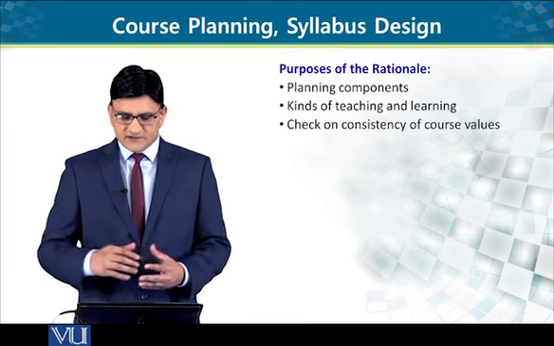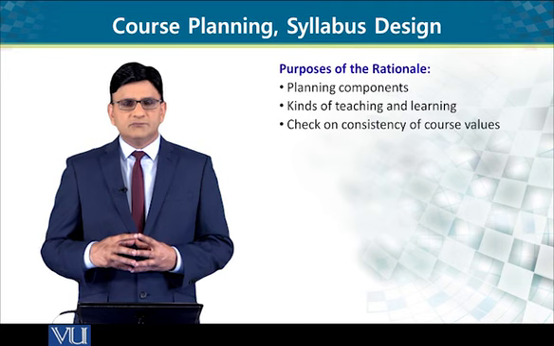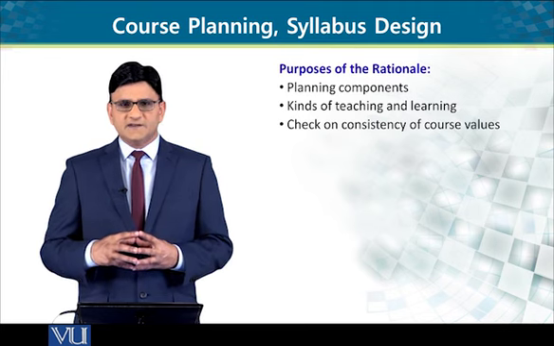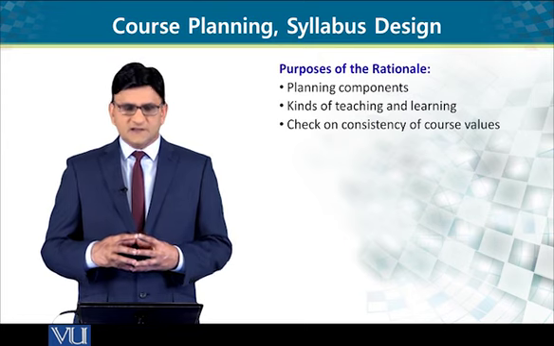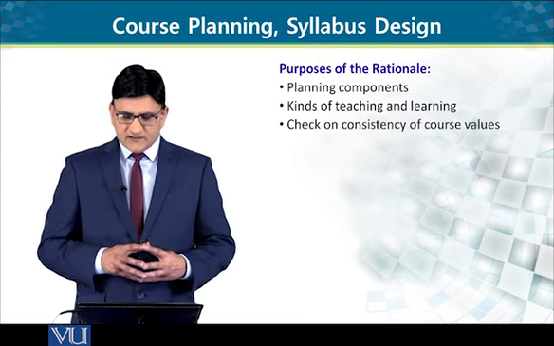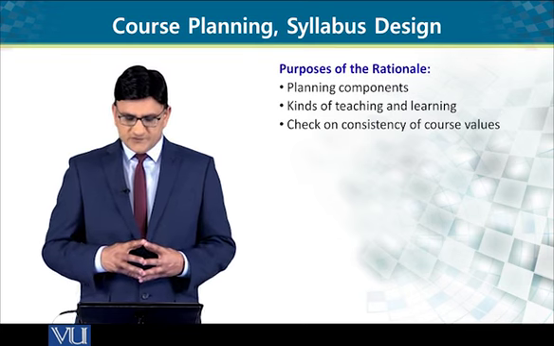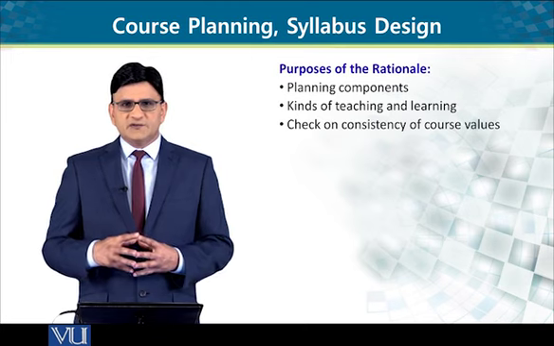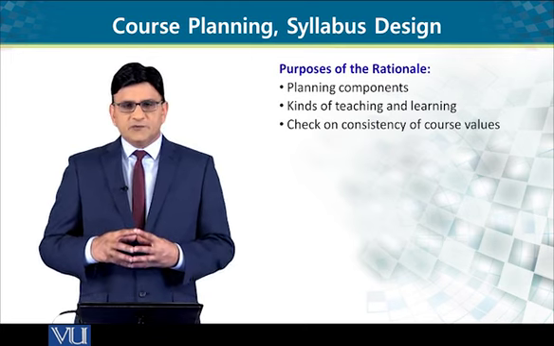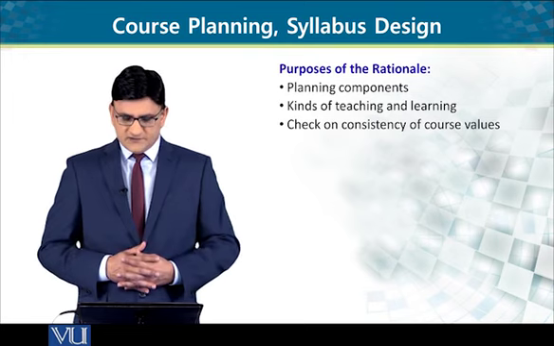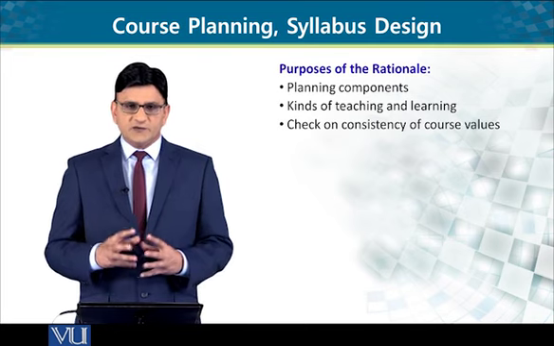Let's have a look at some of the purposes. It helps plan the components of a language course in a systematic way. It serves the purpose of giving direction to teaching and learning. And then it also gives a check on consistency of course values, I mean, the overall values.